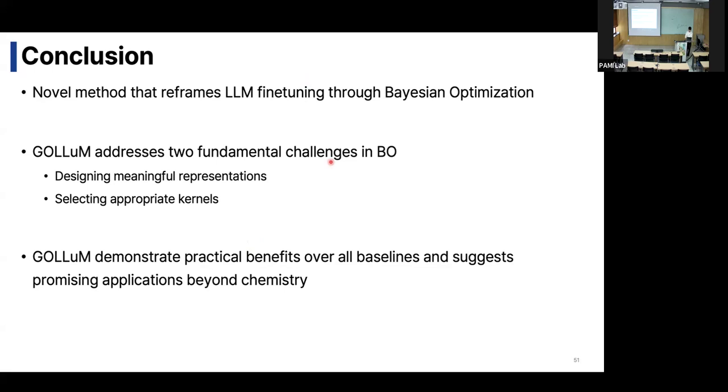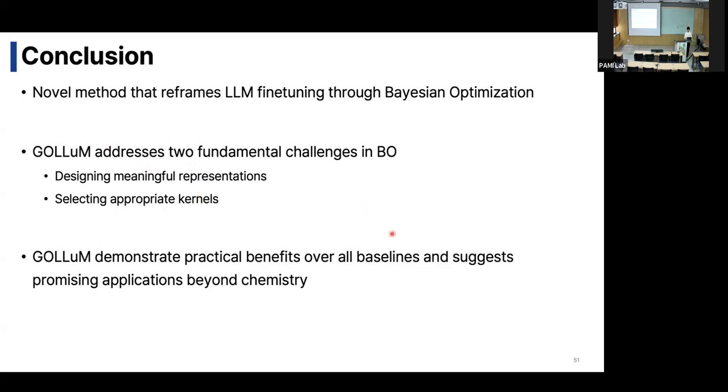The first challenge, designing a meaningful representation, is addressed by using adaptive LLM embeddings that can capture task-relevant structure in the input space. The second challenge, selecting an appropriate kernel, is handled through deep kernel learning, which enables the representation space and the kernel parameters to be jointly adapted to the task at hand.